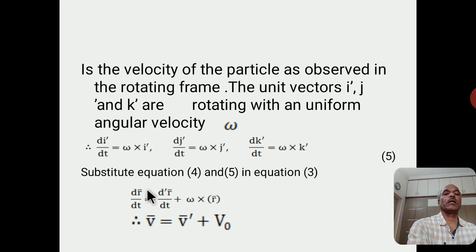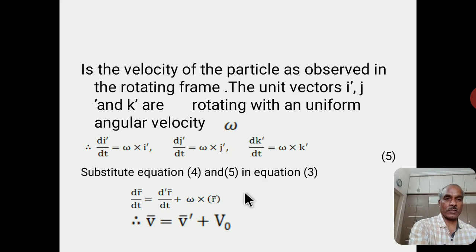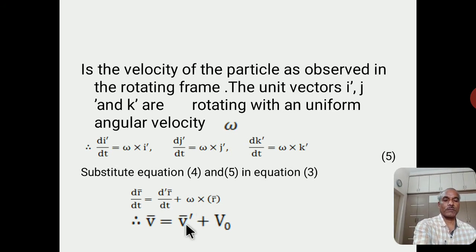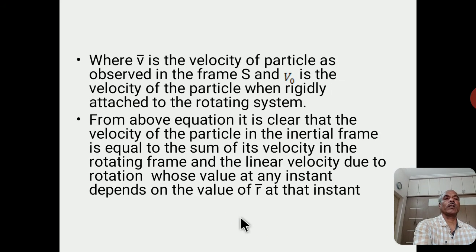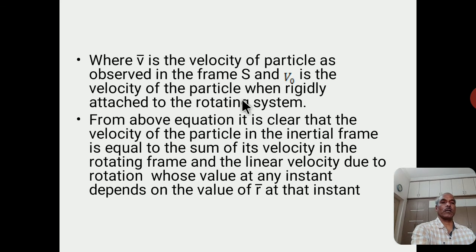We get dr/dt is equal to d'r/dt plus ω cross r. dr/dt is v, d'r/dt is v', ω cross r is v0, where v is the velocity of the particle in S frame of reference, v' is the velocity of the particle in S' frame of reference, and v0 is the velocity of the particle when rigidly attached to the rotating system.